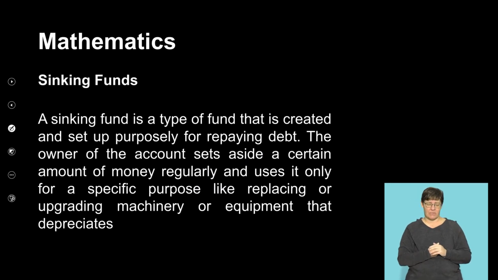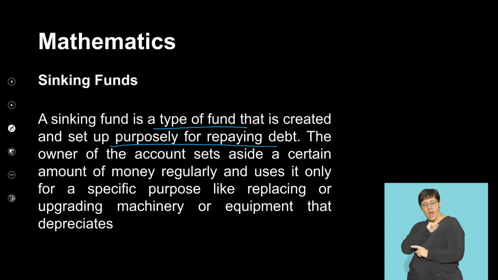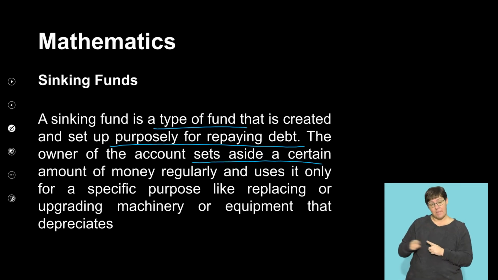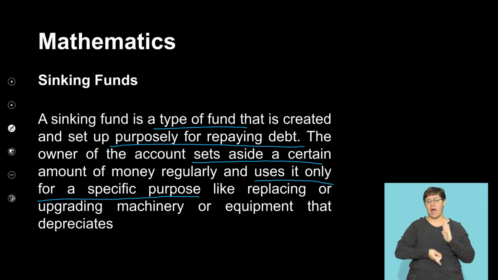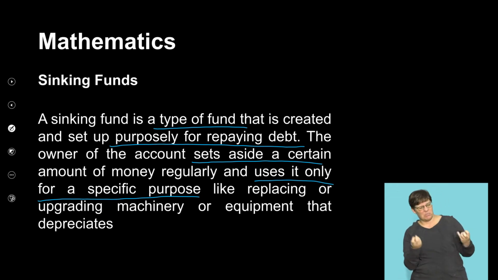Now, with the concept of a sinking fund, as I said, this is a type of fund that is created and set up purposely for repaying debt. This simply means that the owner of the account sets aside a certain amount of money regularly and uses it only for a specific purpose, like replacing or upgrading machinery or equipment that has depreciated over time.